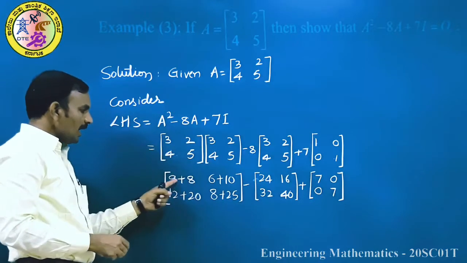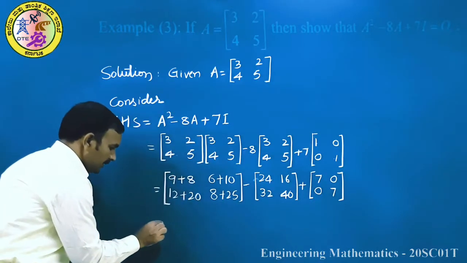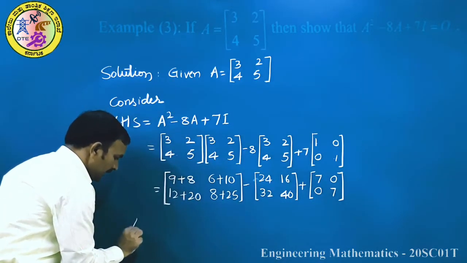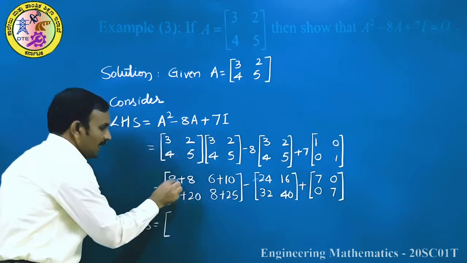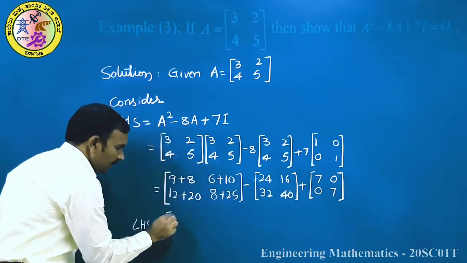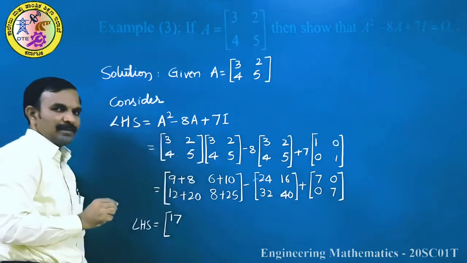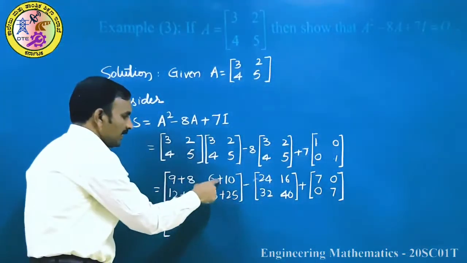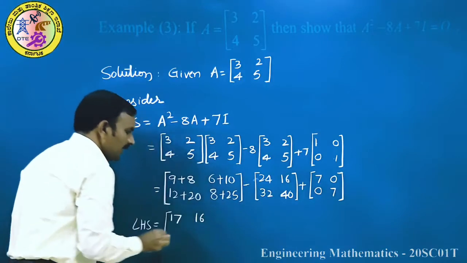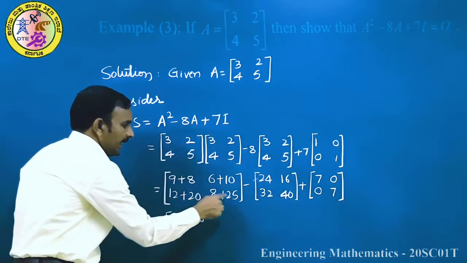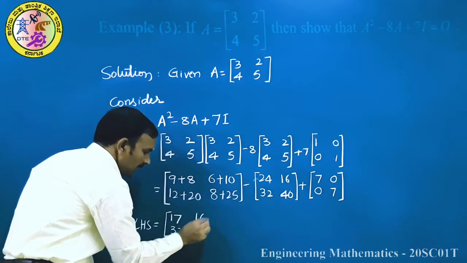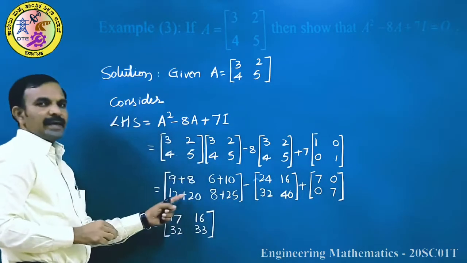Next, add these. LHS is equal to 9 plus 8 is 17, 6 plus 10 is 16, 12 plus 20 is 32, 8 plus 25 is 33. This is A square.